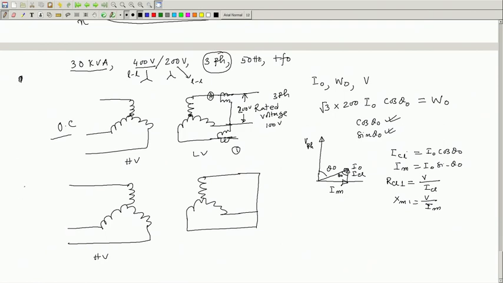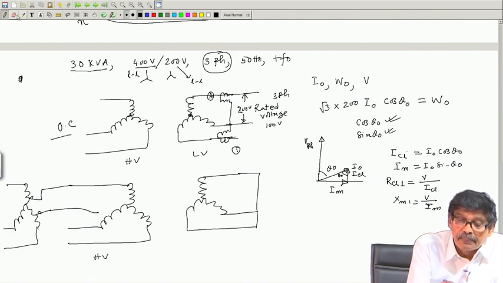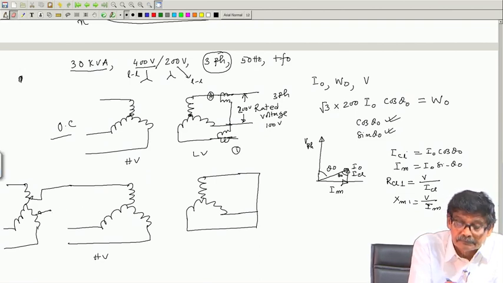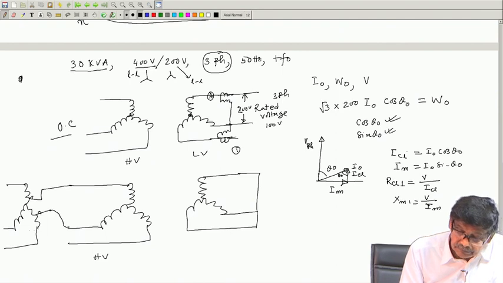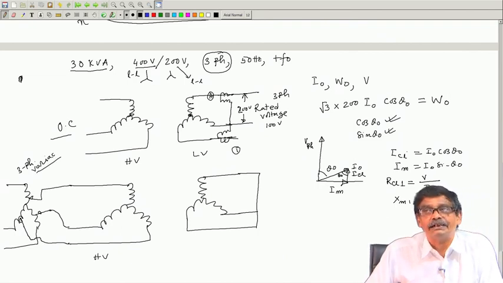So, here you must have a 3-phase auto transformer to apply a rather small voltage. Sorry, it is not an auto transformer, I should call it a variac, a 3-phase variac, because you must know the difference between a variac and an auto transformer.